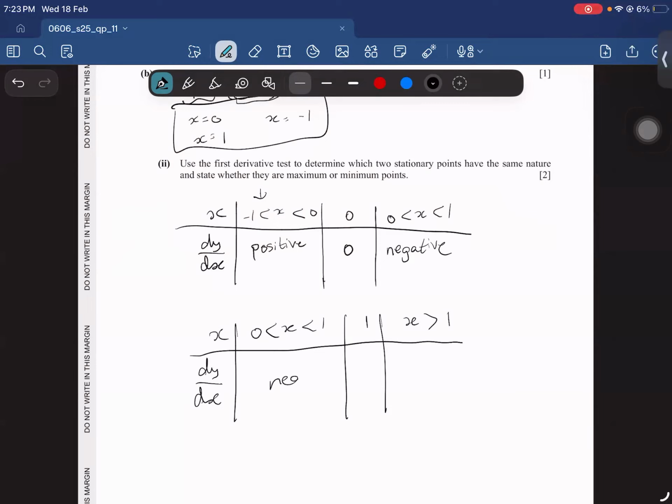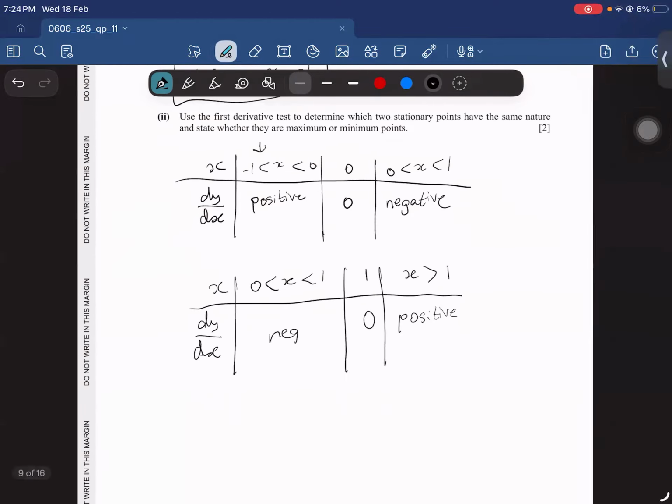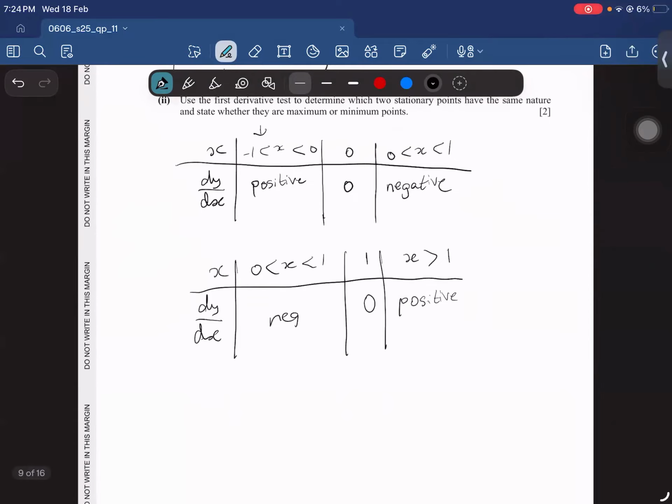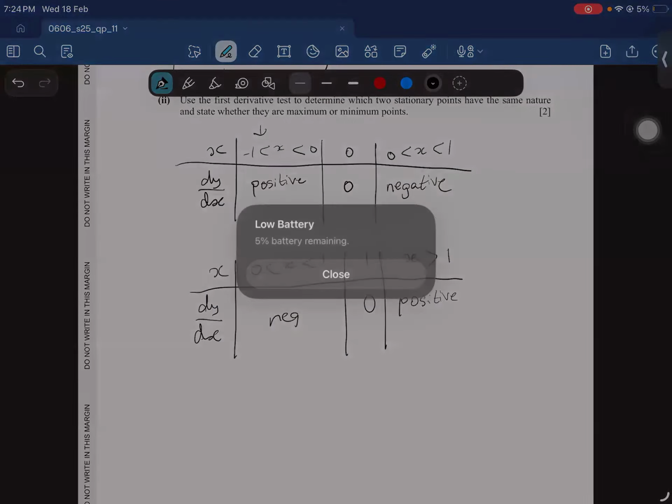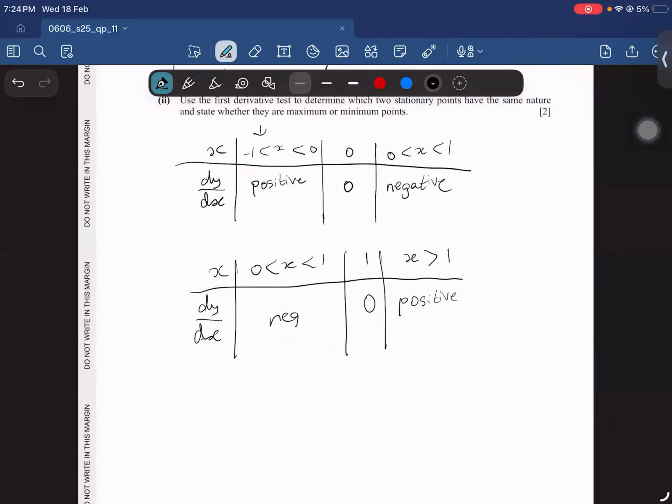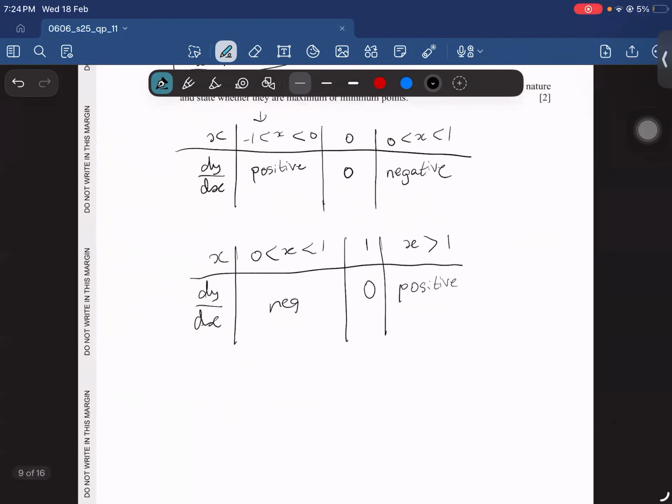Between that, it's negative. At 1, it's 0, and x greater than 1 is positive. You can draw out the other table as well, but I'm not sure that you need to.